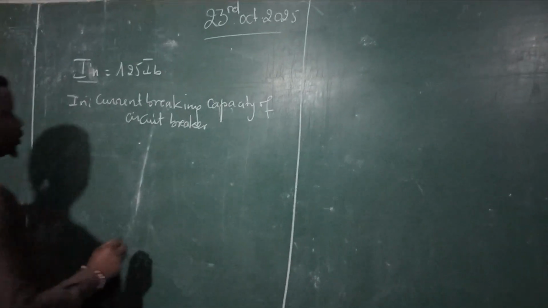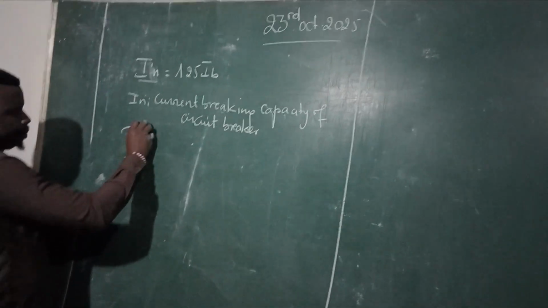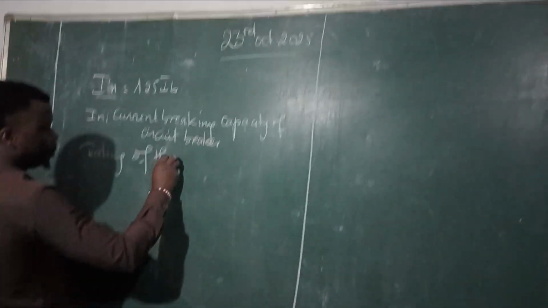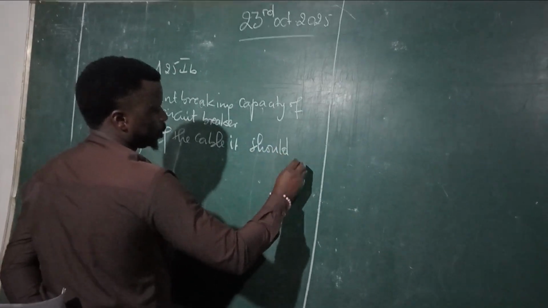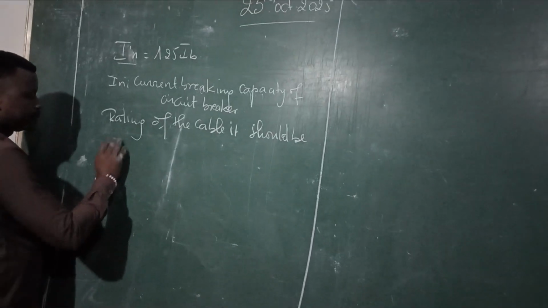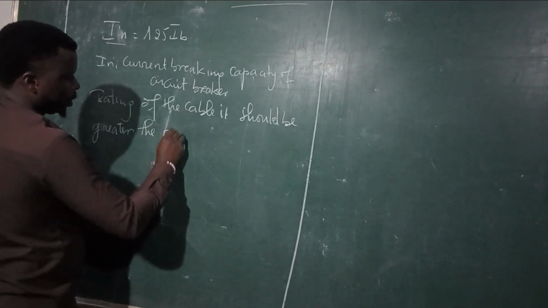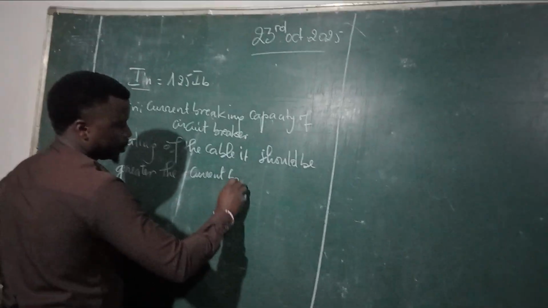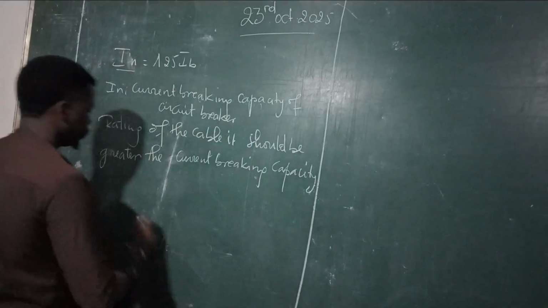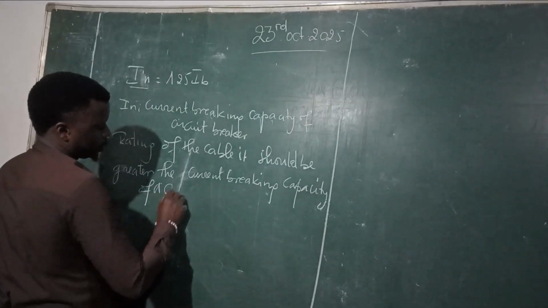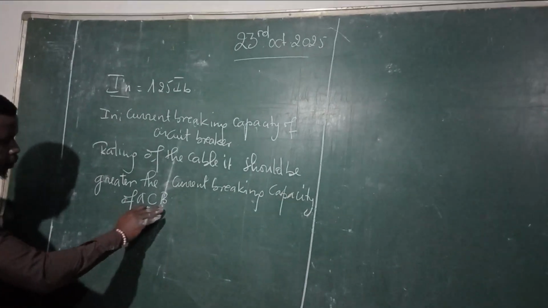The circuit breaker will break the current that will pass through the cable, so the rating of the cable should be greater than the current breaking capacity of the circuit breaker.